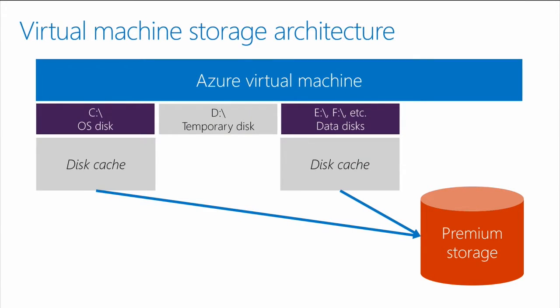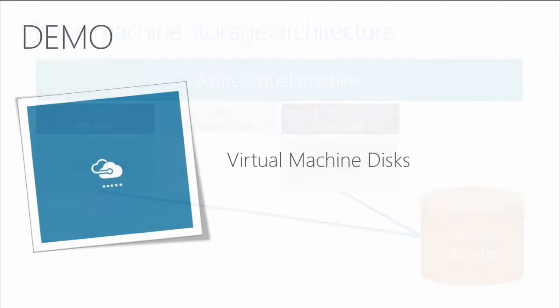You get a highly efficient cache, as well as all data and all writes going to back-end storage, so it's highly reliable, stored across those 3 data disks as we were looking at before. So here we show with premium storage, there is that disk cache. That disk cache is backed by an SSD-based disk that allows you to have very, very high performance of your premium storage when using your Azure virtual machines.